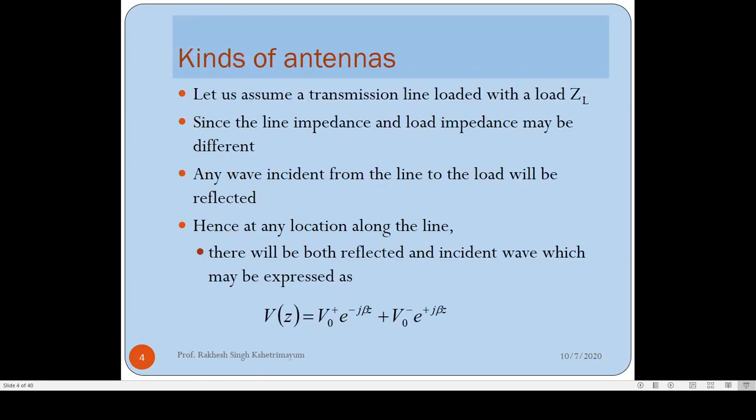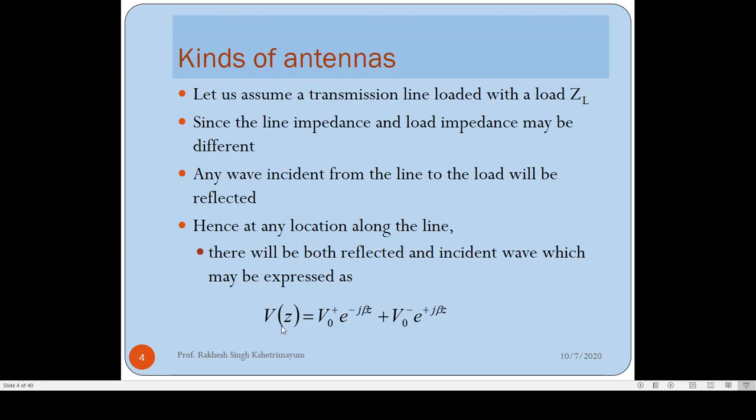Now in order to find the fields radiated from this dipole antenna of finite length, we need to find what the current flowing in such an antenna is. In order to understand that, let us assume a transmission line and find the voltage wave flowing in it.